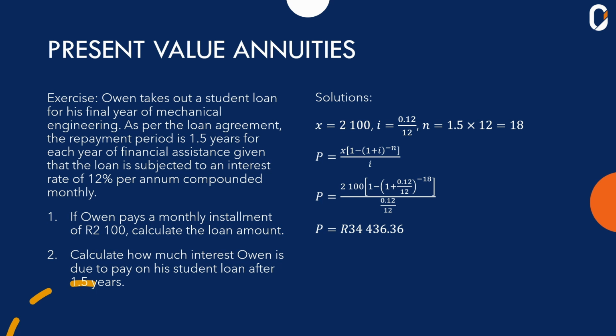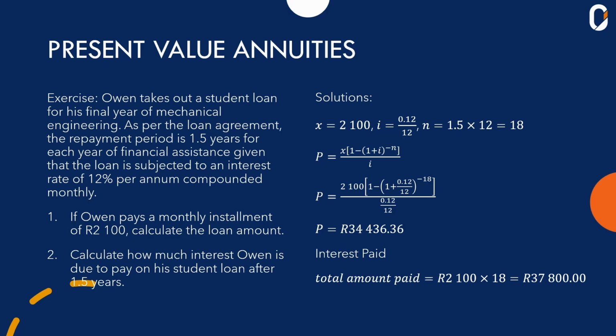Second question. Calculate how much interest Owen is due to pay on his student loan after 1.5 years. In order to do that, we're going to say interest paid is equal to, first, let's calculate the total amount he paid. He paid 2,100 multiplied by 18, that is 37,800 francs. That is the amount that he will end up paying to the bank.